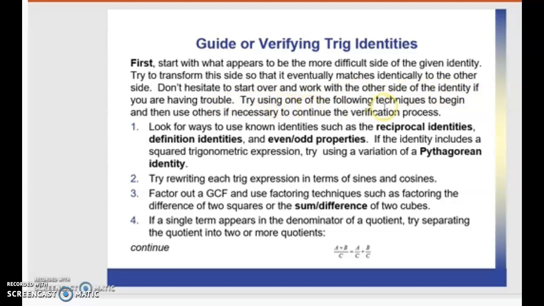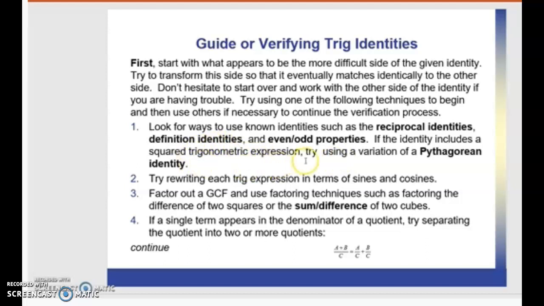Try using one of the following techniques to begin, and then use others if necessary to continue the verification process. Technique 1. Look for ways to use known identities, such as the reciprocal identities, definition identities, and odd-even properties. If the identity includes a squared trigonometric expression, try using a variation of the Pythagorean identity.